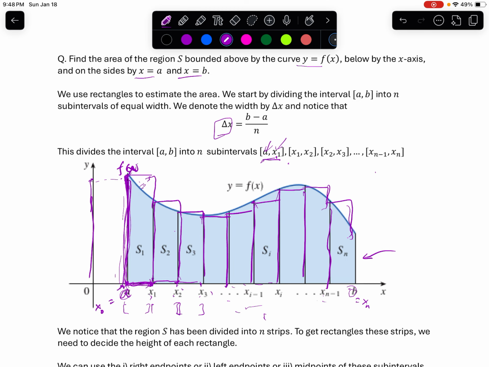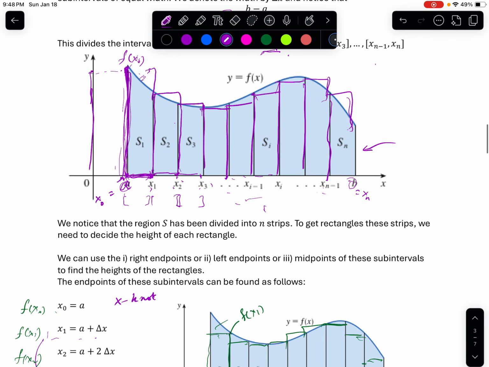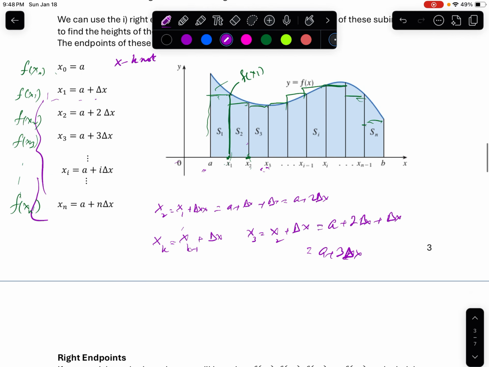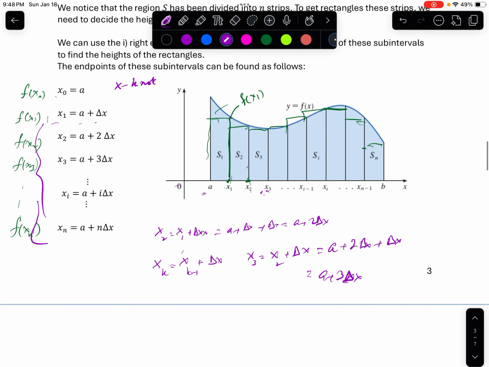Okay. Now, if we are using the right endpoints, it means we will be using these ones, x1, x2, x3 up to xn, which is b. So from x1 up to xn, how many rectangles will those be?